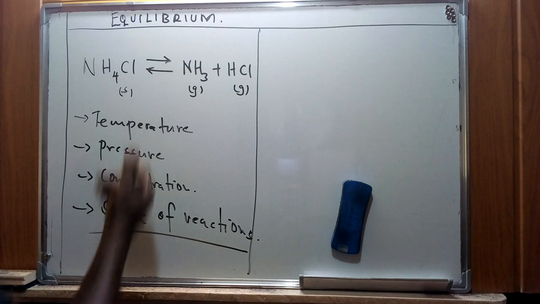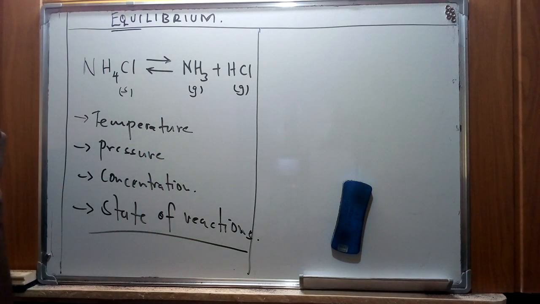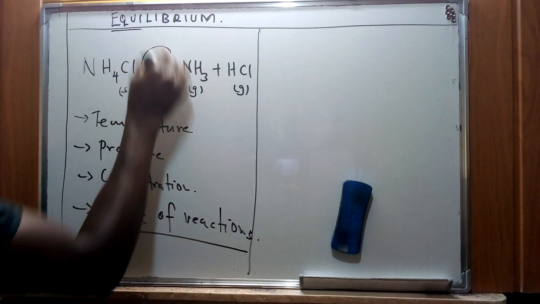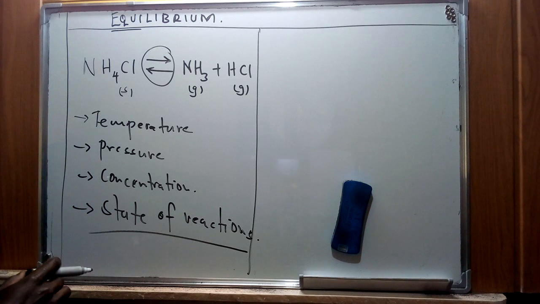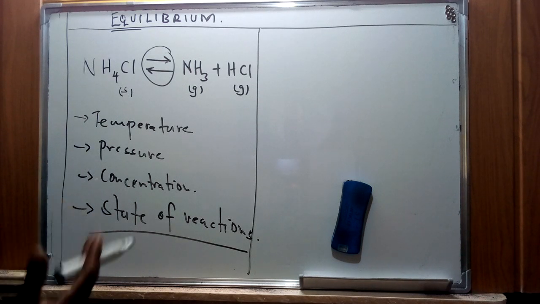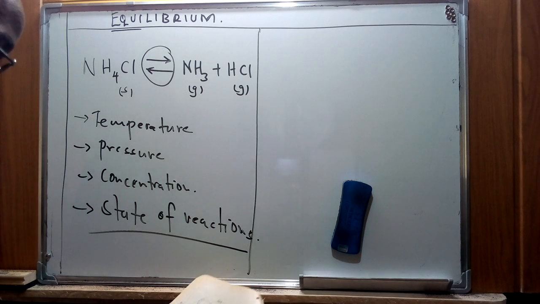So therefore, in the concept of equilibrium, we're going to say that there's a point whereby these two processes, the forward and backward reaction, are going to attain a particular state, which we are going to refer to as equilibrium.